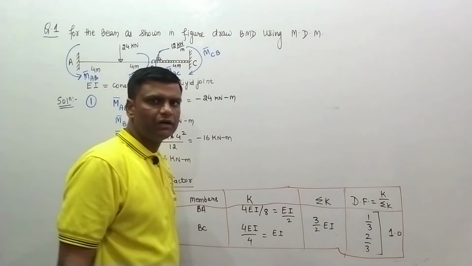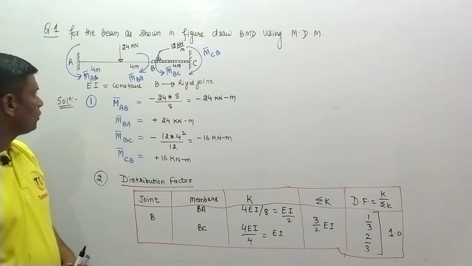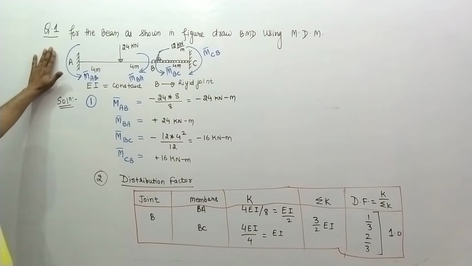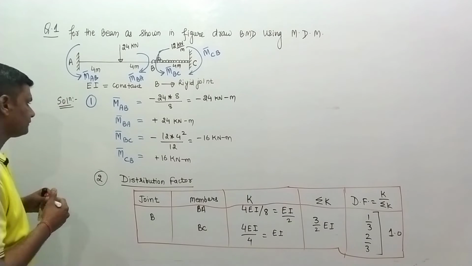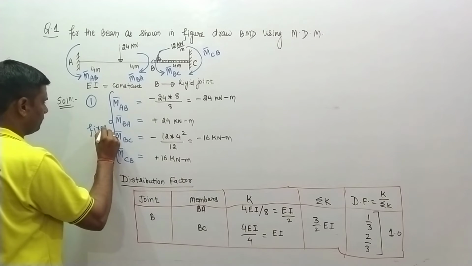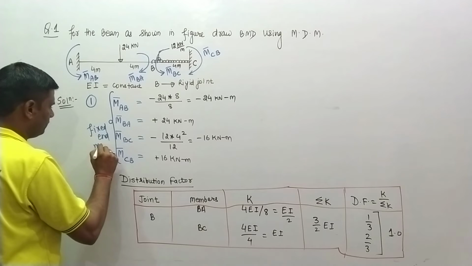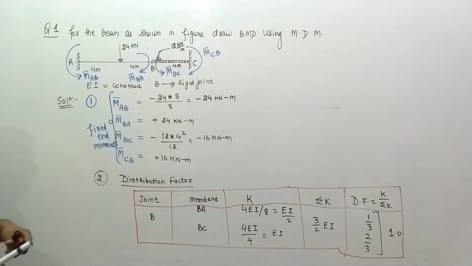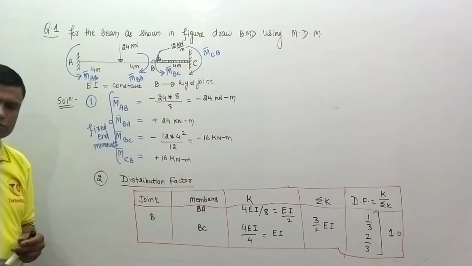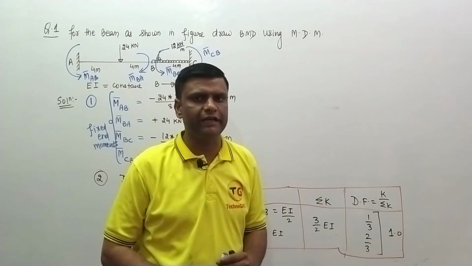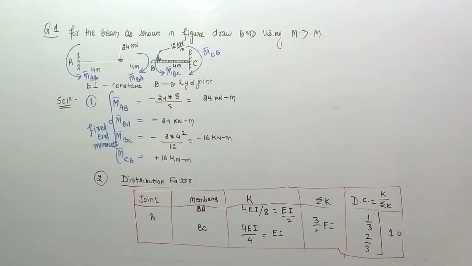So to conclude till now, I have calculated the fixed end moments, and the fixed end moments are these. Second, I have calculated the distribution factor, and it sums to 1.0. Now it's time to prepare the distribution table. Let's prepare the distribution table. Before that, please write it down very fast.